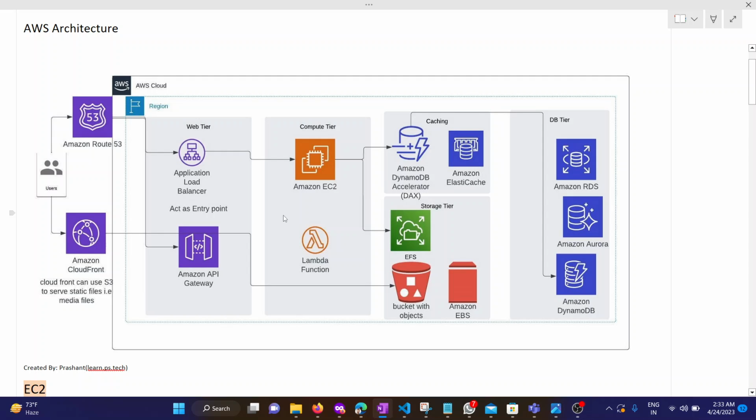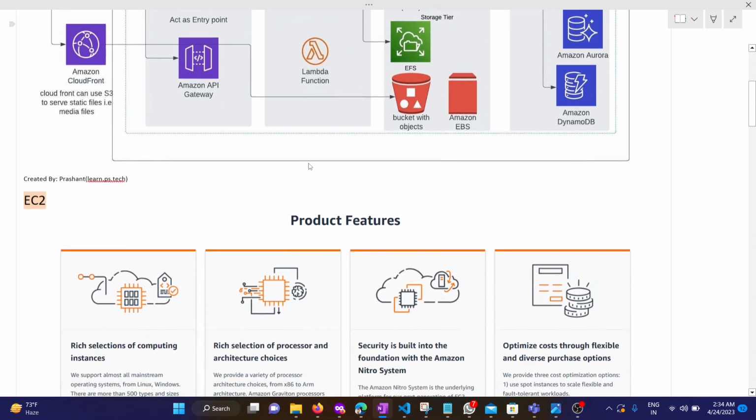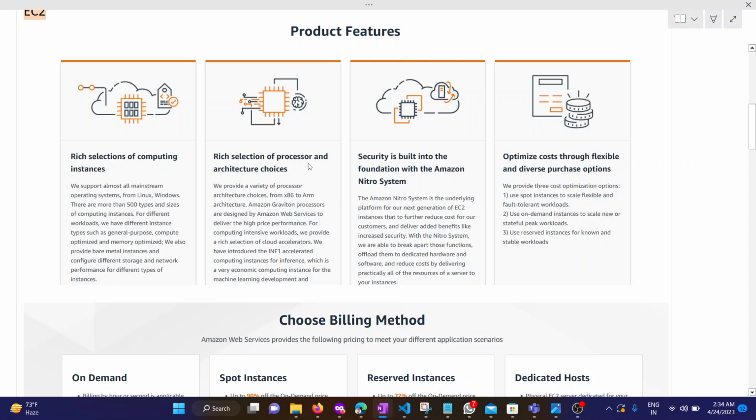Okay, so this is a brief idea about how any website or architecture works, but our main topic is the compute tier. So let's come to Amazon EC2. These are the features. You can read them, I just took them from the AWS website, I don't need to explain.